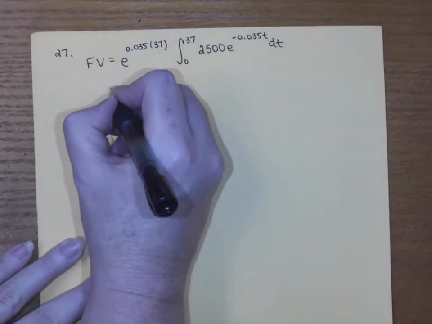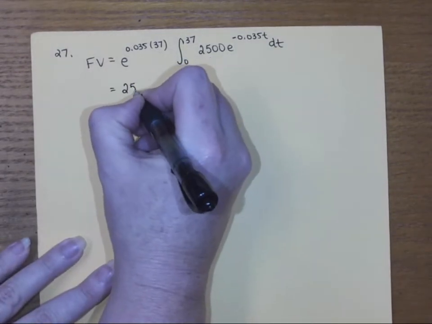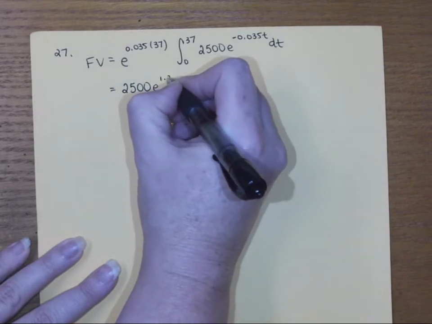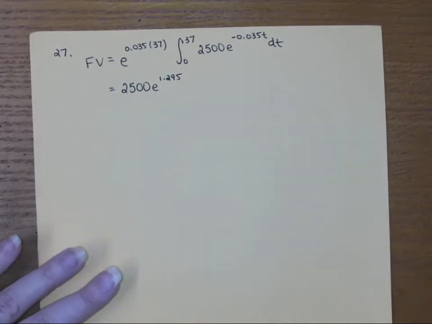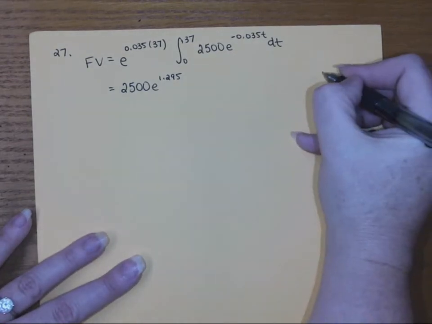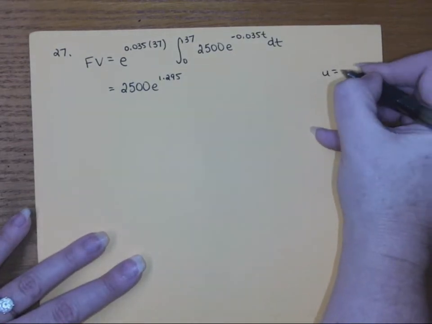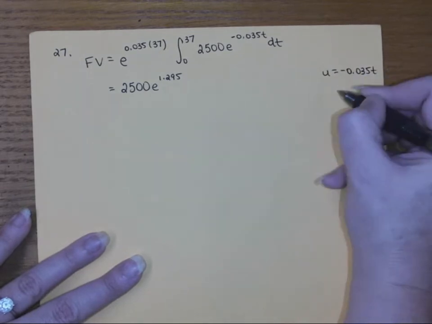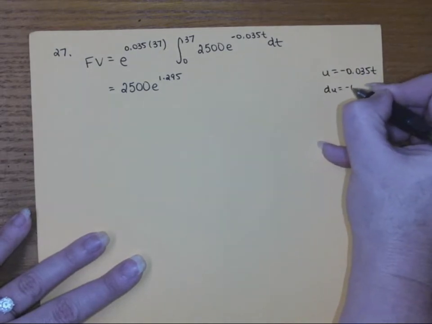Okay, so I'm going to clean all of this up. I'm going to move all the constants to the front. This is 2500 e to the 1.295 power here. But then I still am going to need to clean up this exponent. It's not just plain old t, so I do need to use substitution.